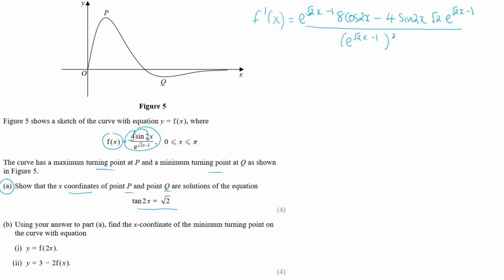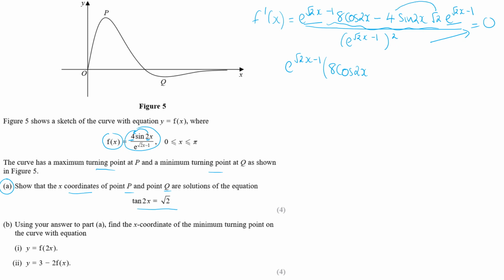minus 1 all squared. Now when we have max and min, the differential is equal to 0, and if we cross multiply we can see that that's only going to equal 0 when the numerator equals 0, and so my next line will be to take out a factor of the e to the root 2x minus 1 on the numerator, and that will be times by 8 cos 2x.